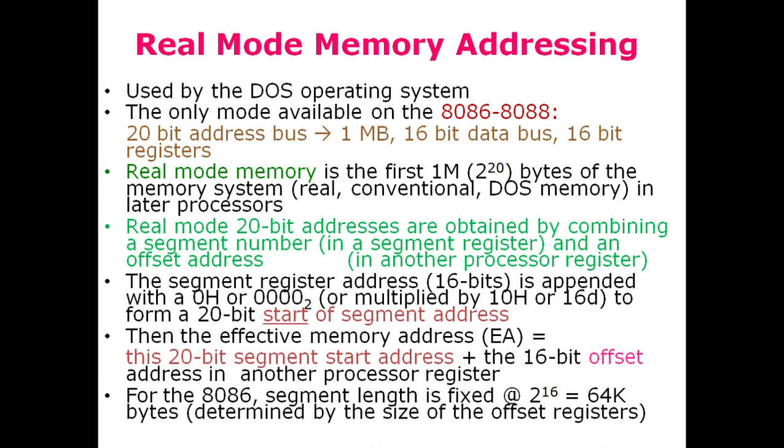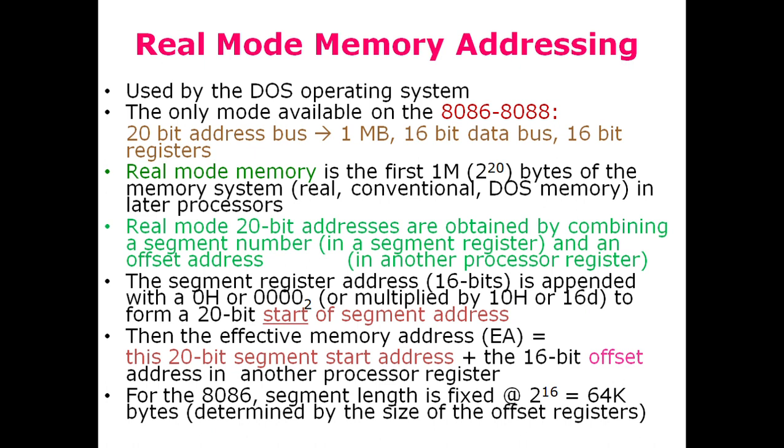This calculation of the 20-bit address involves the segment register value, which is a 16-bit address, and a logical left shift by 4-bit positions. That is equal to appending a 0 in hexadecimal, or 4 zeros in binary at the right position.